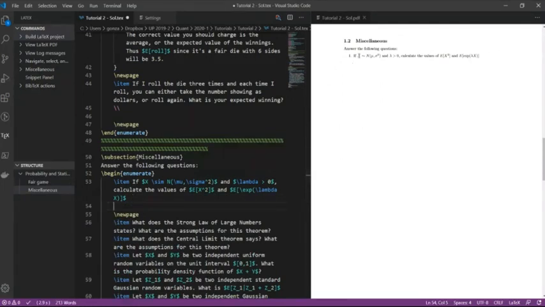So we have a normal distribution with a known mean and variance, and we know that lambda is a value greater than 0. We have to calculate the expected value of a normal distribution squared.